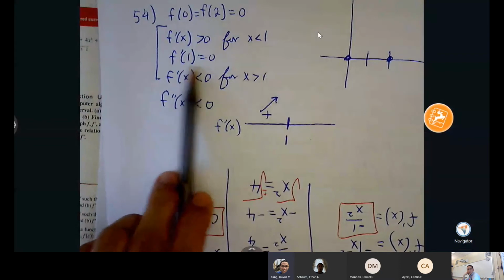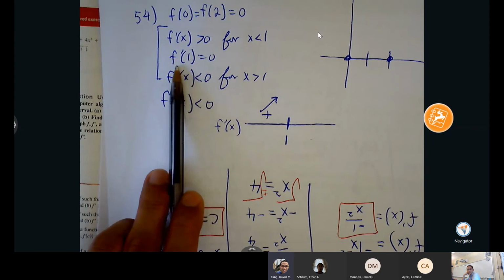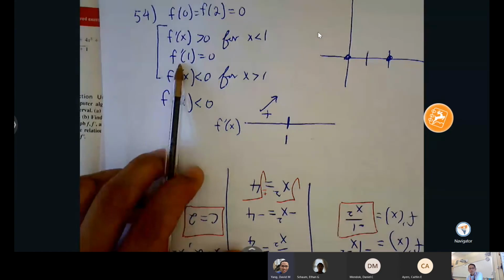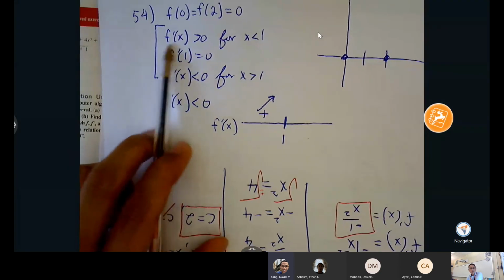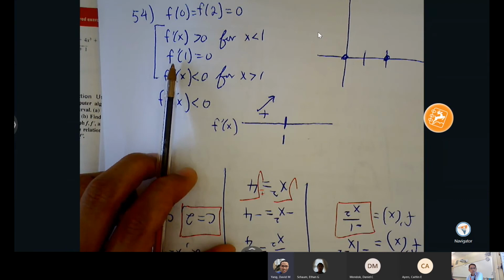Okay. How about what's happening here? F prime of 1 is equal to 0. How would you interpret this? F prime is referring to slope, right?